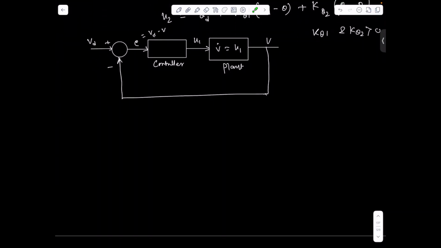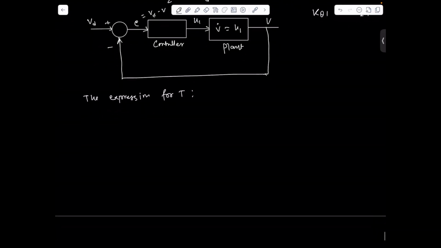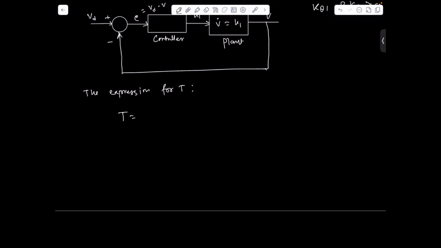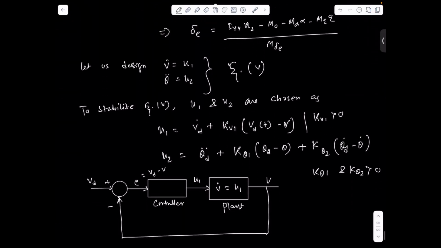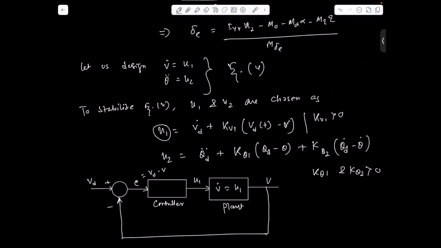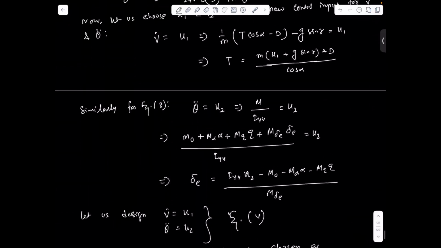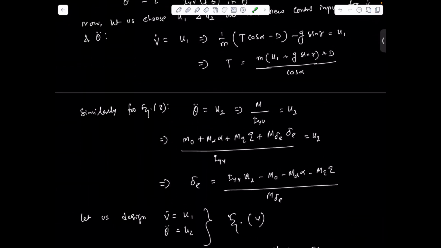So now the expression for T: in place of T, we substitute this expression, the one for U1.